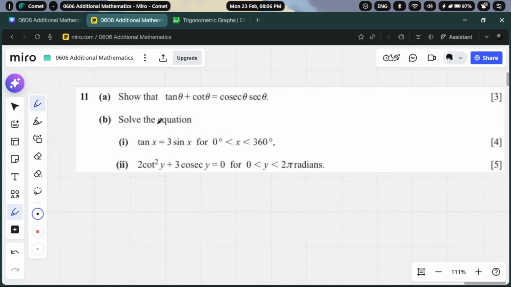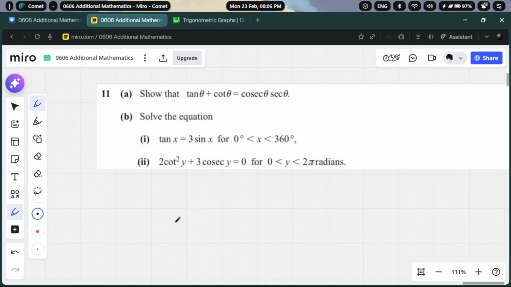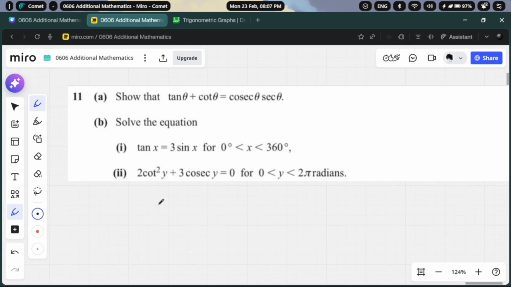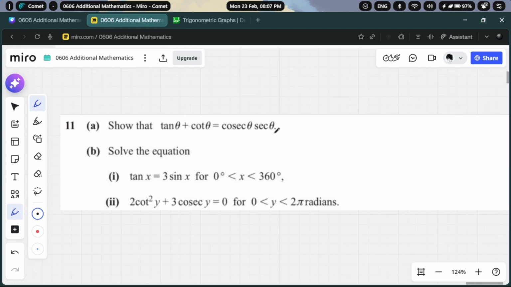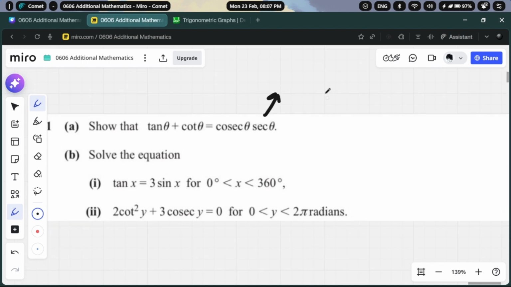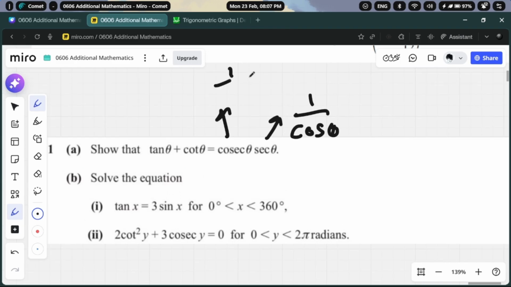So moving on, the first thing that they told is to show that tan theta plus cot theta is equal to cosec theta sec theta. So first of all, rewrite everything in terms of sine and cos. Now we know that sec theta is the same as 1 over cos theta, and cosec theta is just the same as 1 over sine theta.